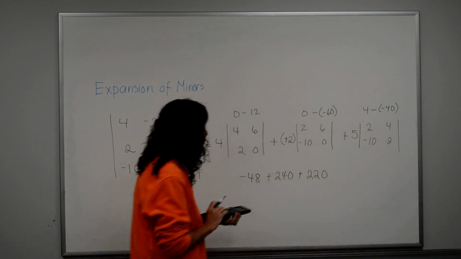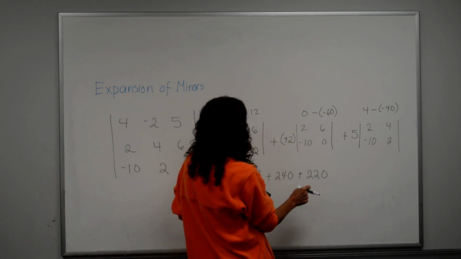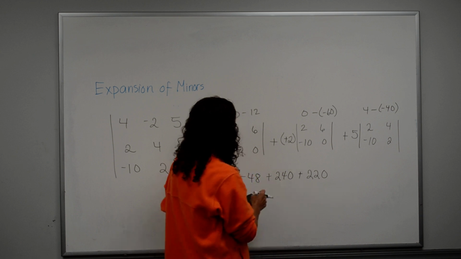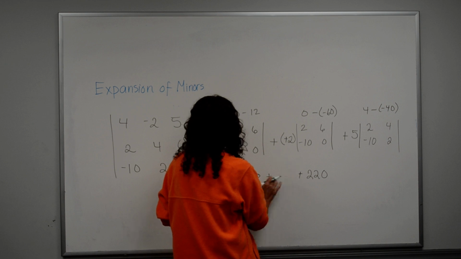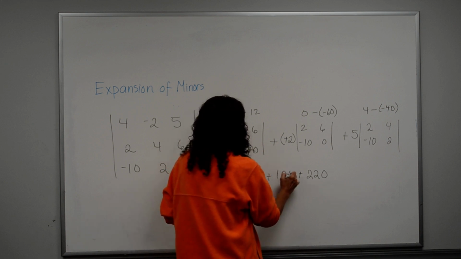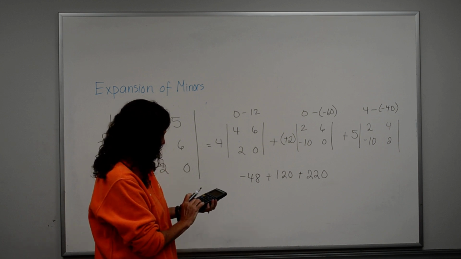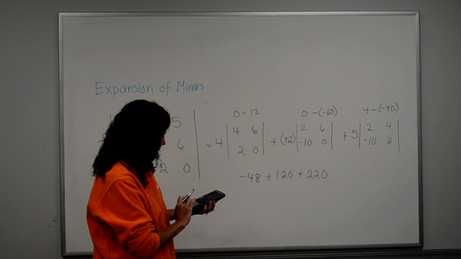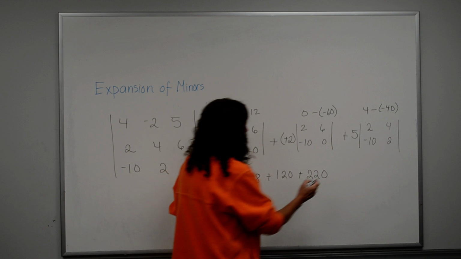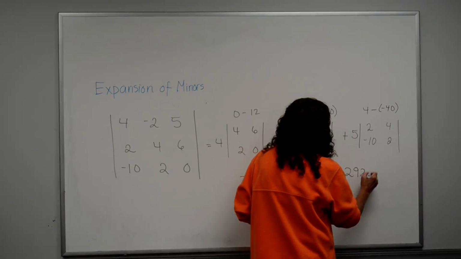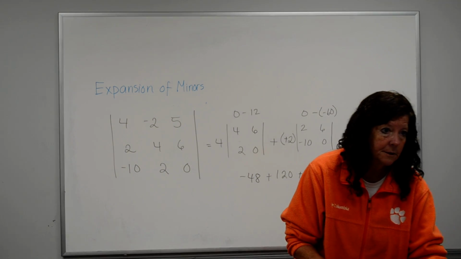Wait, why did I do that? It should be 120, shouldn't it? I think you said 4 times 60. Yeah, I don't know where the 4 came from. I'm making it up, I guess. Okay, so 2 times 60 should be 120. So then I've got 220 plus 120 minus 48. So 292. Okay, all right, I'm gonna give you one to try, all right?